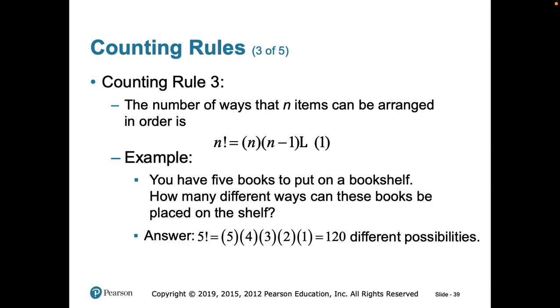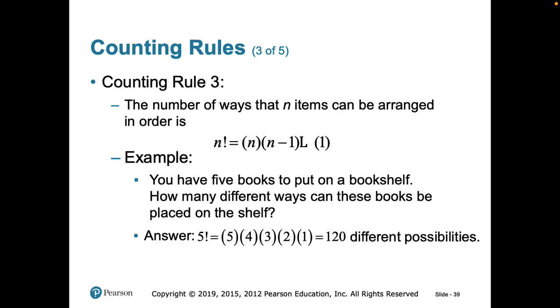Counting rule number 3 is the number of ways that n items can be arranged in order. So n factorial equals n times n minus 1 times ... times 1. Imagine, for example, that you have 5 books to put on a bookshelf. How many different ways can you set these books on the bookshelf?